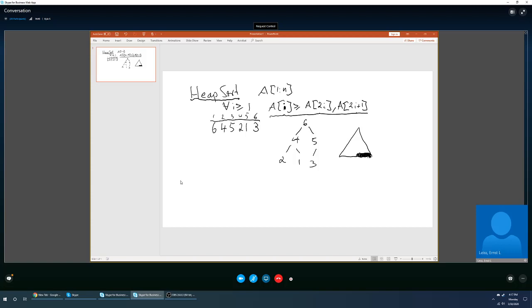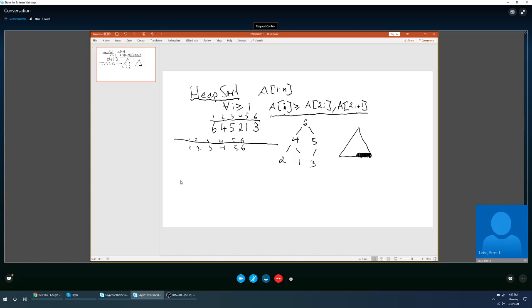So the first issue about a heap is the following. Let's take the numbers 1, 2, 3, 4, 5, 6. These are the positions, 1, 2, 3, 4, 5, 6, and let's just assume that these are the values.